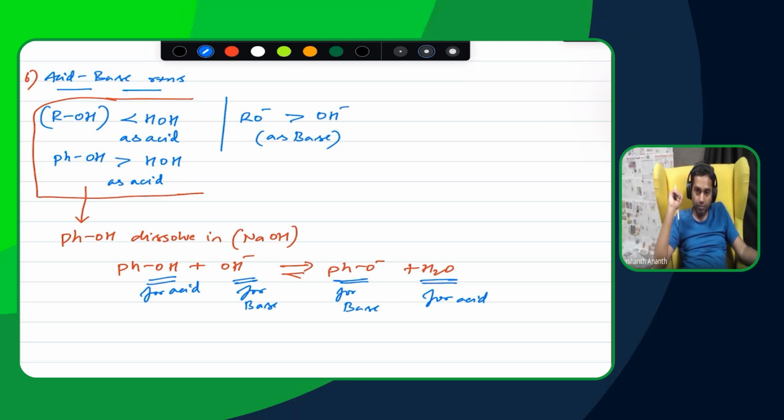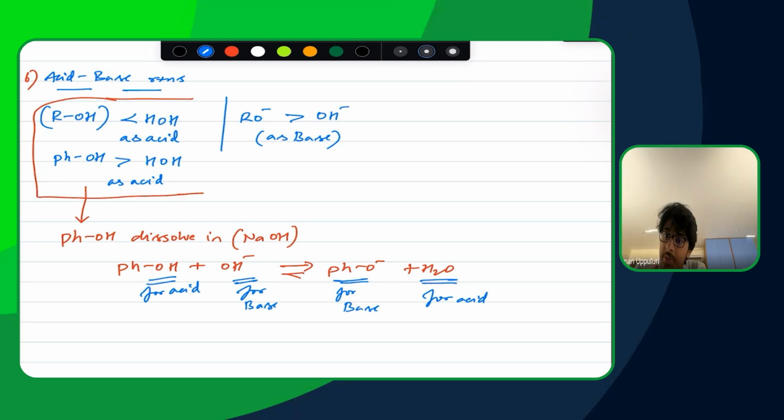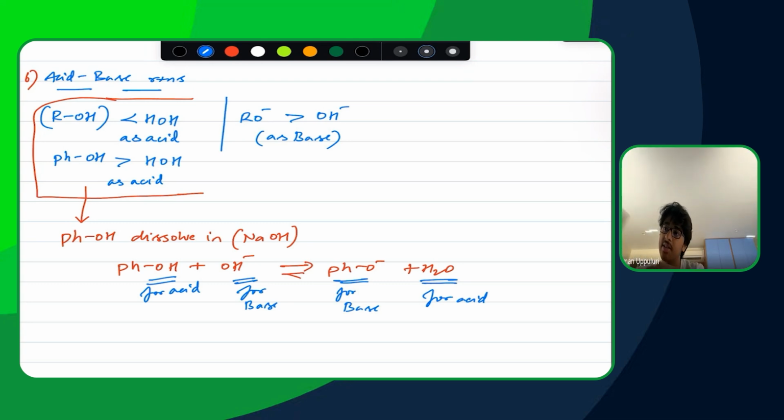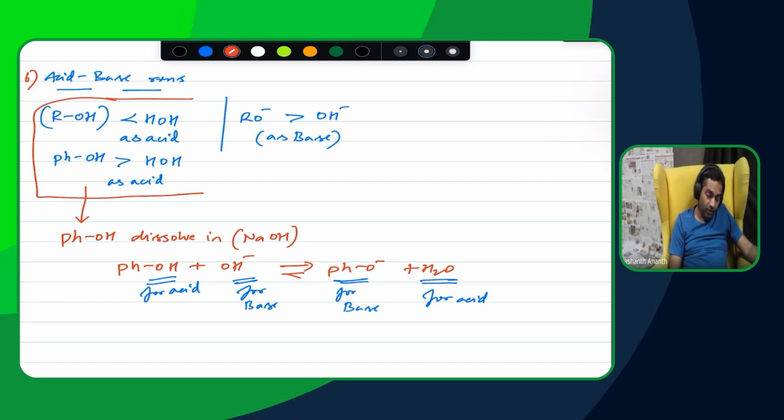Phenol is stronger. Which side base is stronger? OH minus is stronger. So forward or reverse? Reverse. If I did the same thing for an alcohol, what will happen? The reaction would not take place because everything on the right side is weaker. Correct. So phenol dissolves in NaOH while ROH does not.